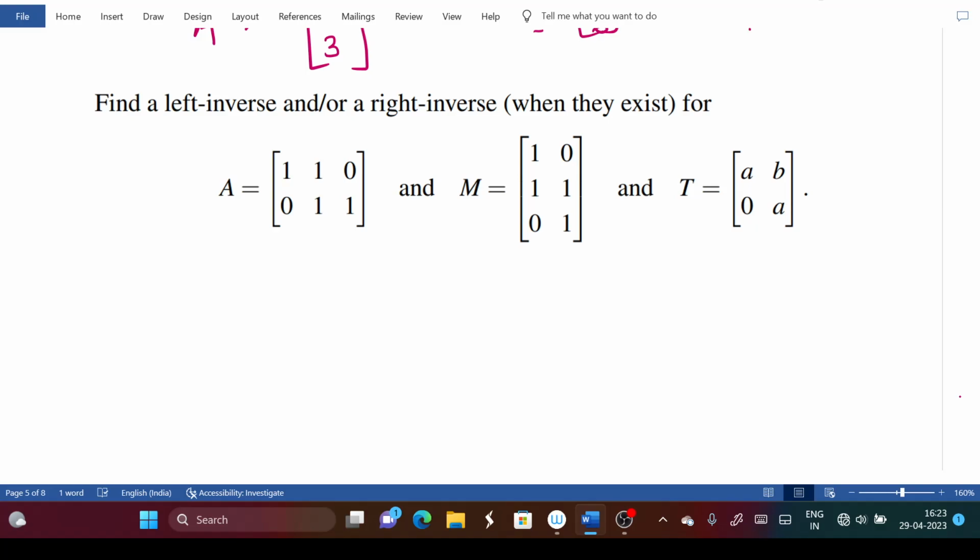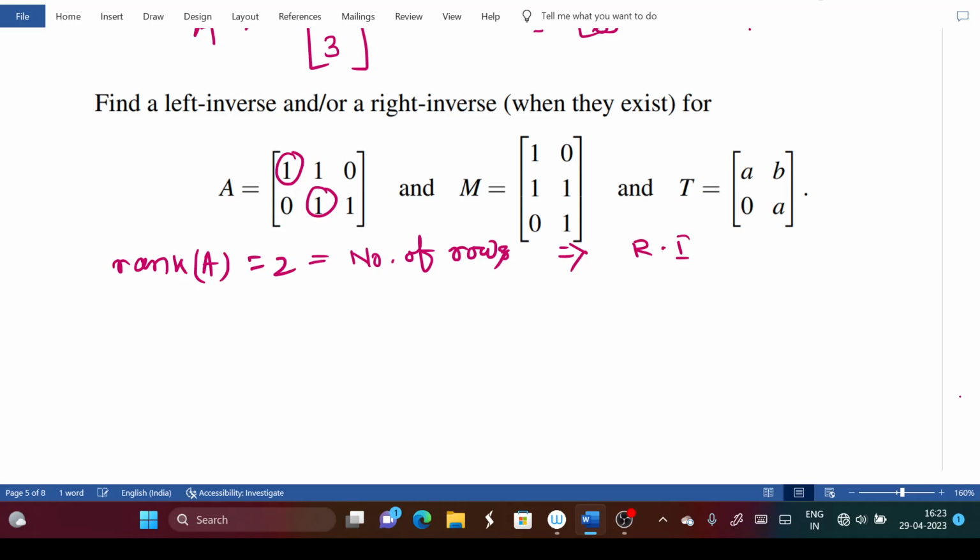First we will find out for A, then we will conclude everything about M. So first of all, the rank of A is equal to 2 because it is in echelon form and there are two pivots, which is equal to the number of rows, which implies the right inverse exists.